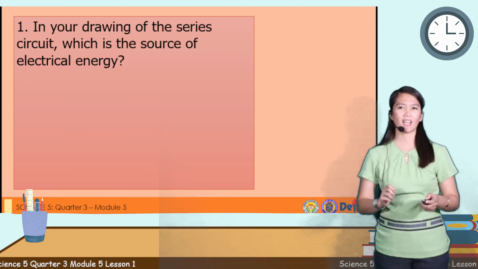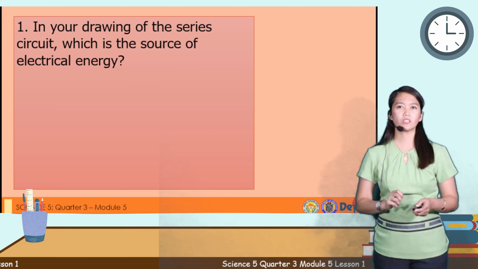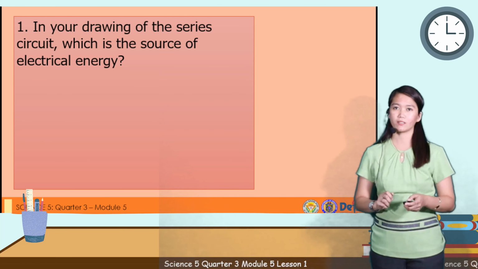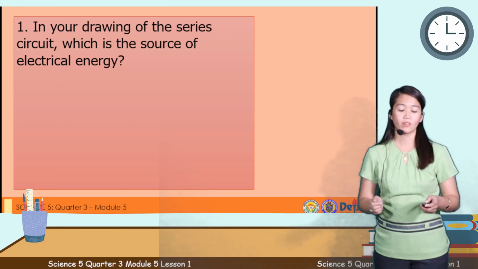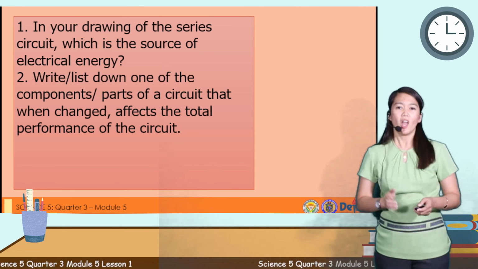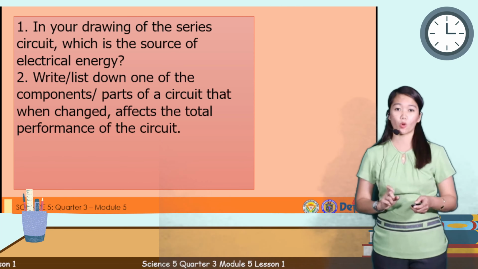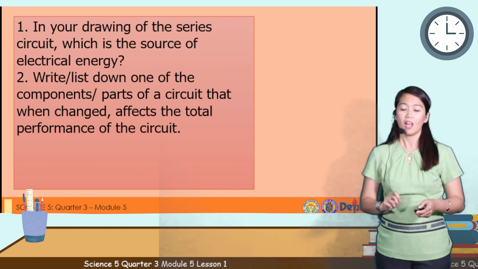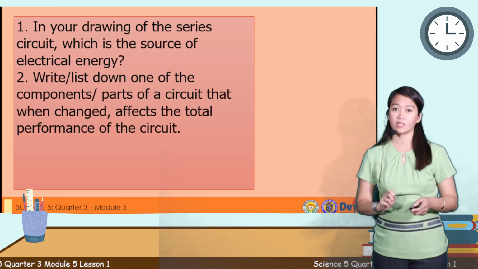Okay, so let us answer these questions. Number 1, in your drawing of the series circuit, which is the source of electrical energy? Second question, write or list down one of the components or parts of a circuit that when changed affects the total performance of the circuit.